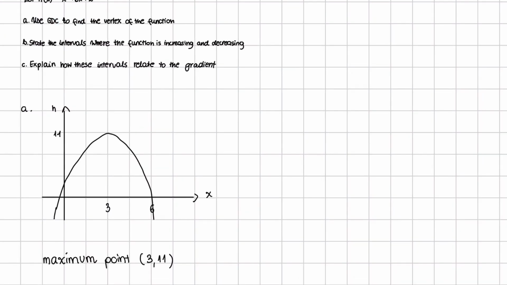We have to look at our function and decide whether we have a maximum or minimum point. So this is our function. Our function is a parabola, and we can observe that our parabola has a maximum point in here, and from the GDC we can find it, and this maximum point is (3, 11). And in B, state the intervals where the function is increasing and decreasing.